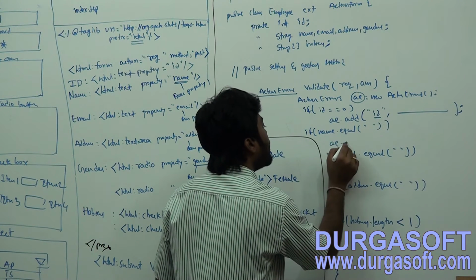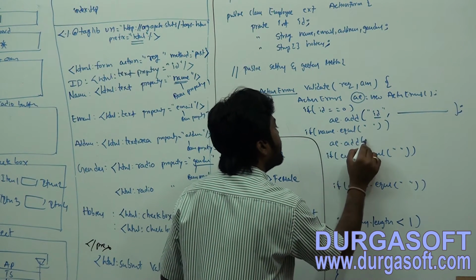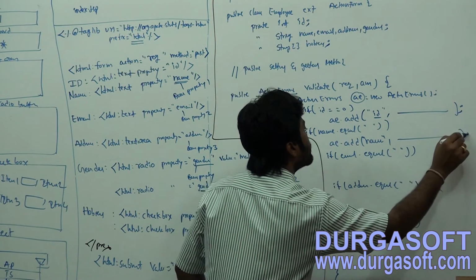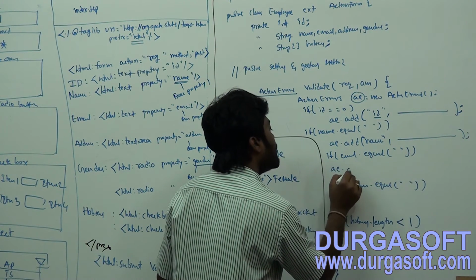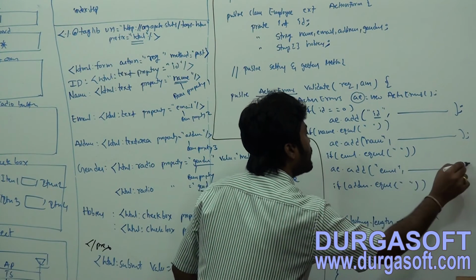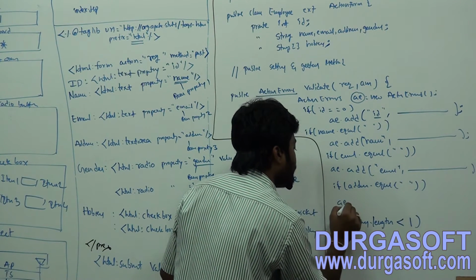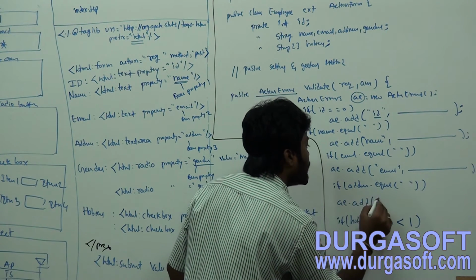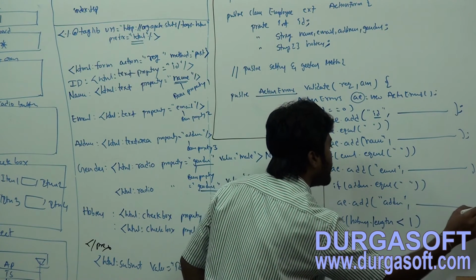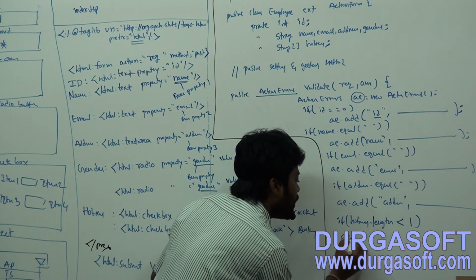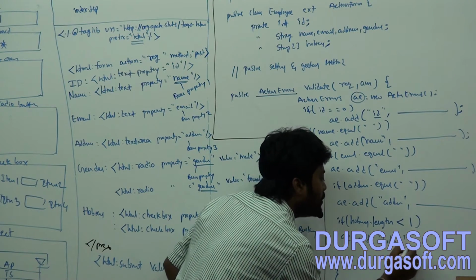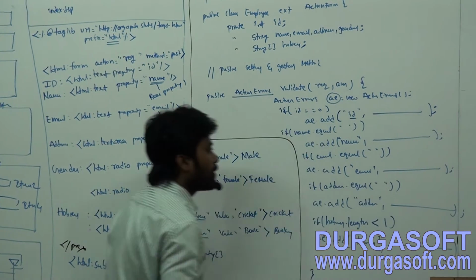Here, ae dot add of your field name and required error message, and ae dot add of field name email, and for that email the required error message. ae dot add of field name address, for that address required error message. And if hobbies is empty, for hobbies I want to add an error message.